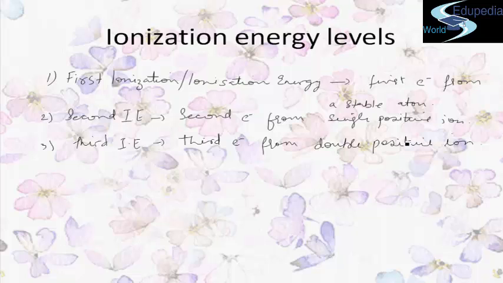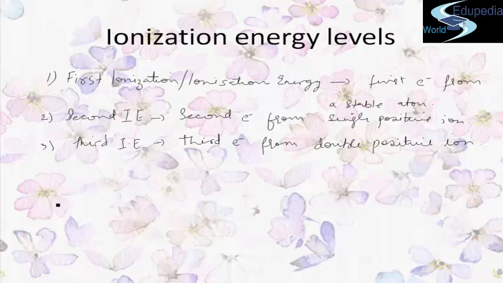That is, the second ionization energy is more than the first, and the third is still higher than the second, and so on. In our discussion, we will consider only the first ionization energy of the element, which will be written as ionization energy only, and the unit will be kilojoules per mole.